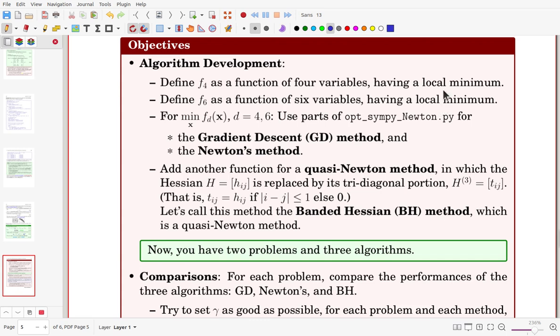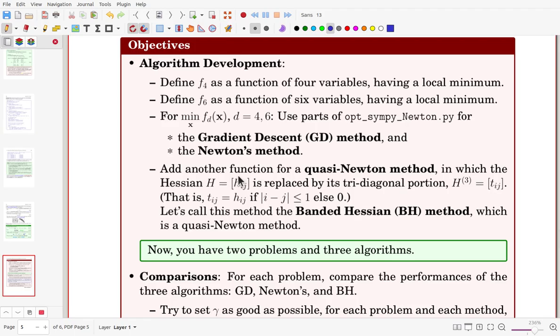Now you have to get the minimum of the function, so you can use part of the program I already implemented in Python, and solve the problem by using gradient descent and the Newton method.